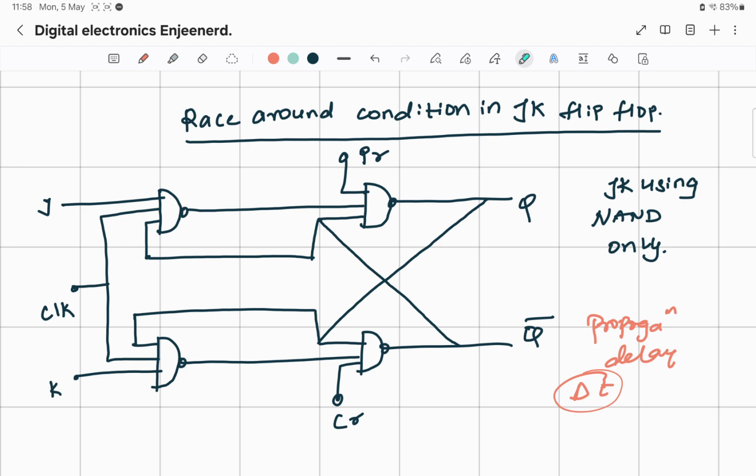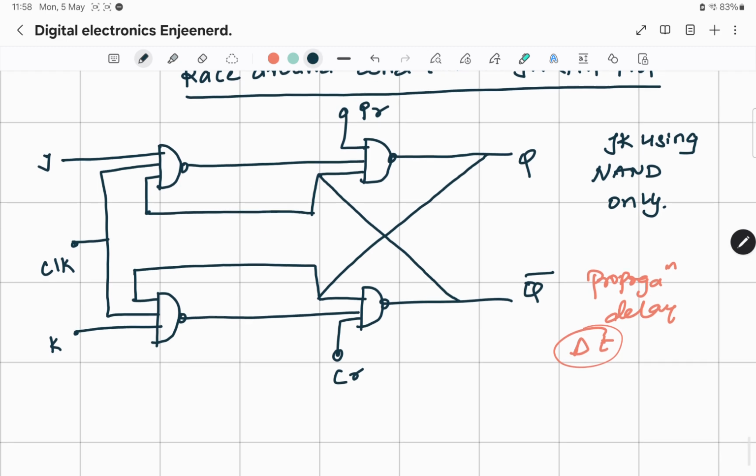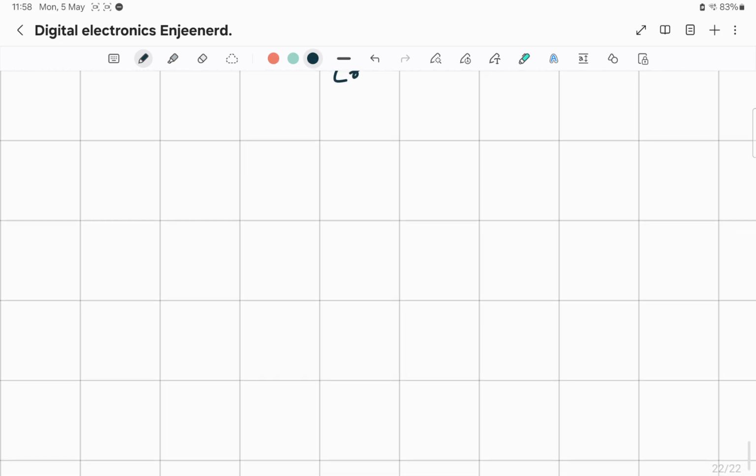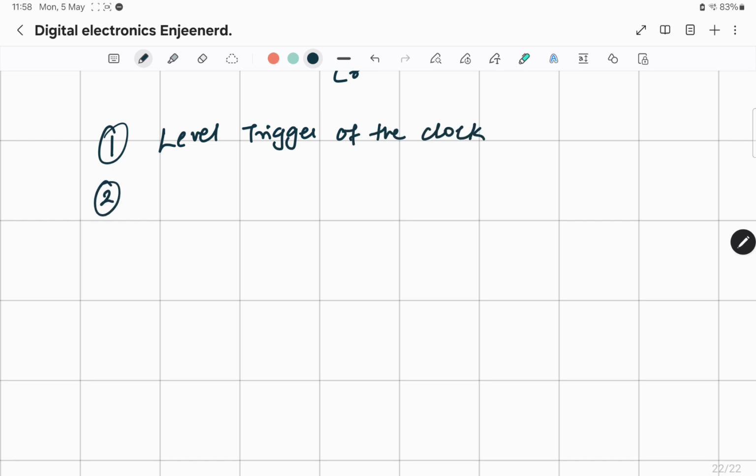So now what is race around condition and why does it occur? There are three conditions because of which race around condition occurs, especially in the JK flip-flop we are talking about. The very first is if we are using level triggering of the clock. Second condition, J equal to K equal to 1.